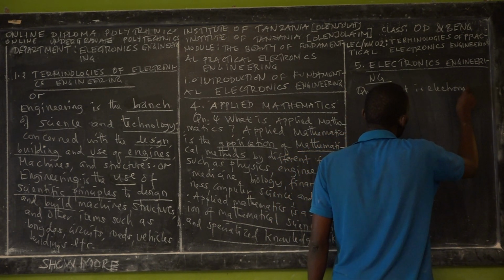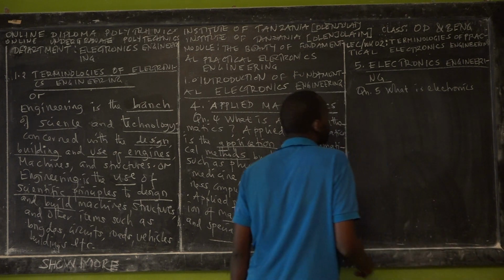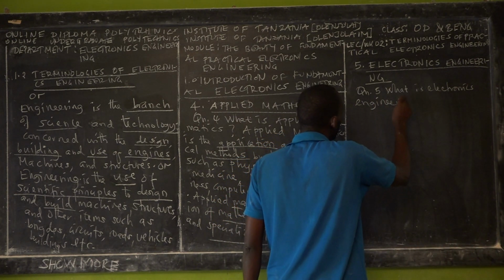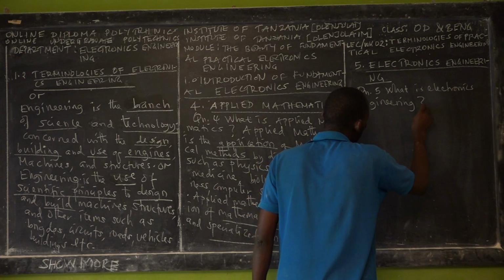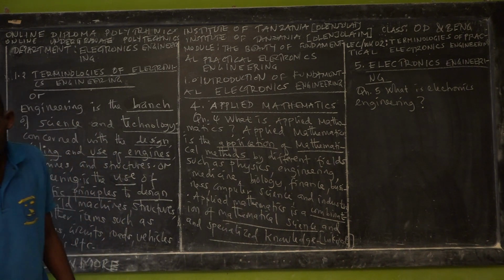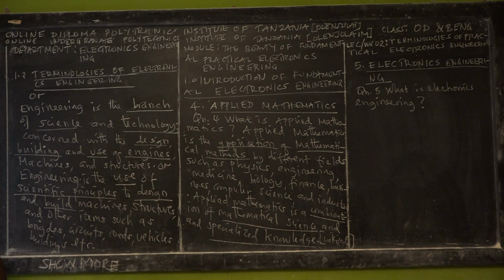You can pause the video and try to ask yourself, what is electronics engineering? Because if you won't ask yourself, then your children will ask you. My father or my mother, you told me that you learned about electronics engineering. What is electronics engineering? What does it mean?